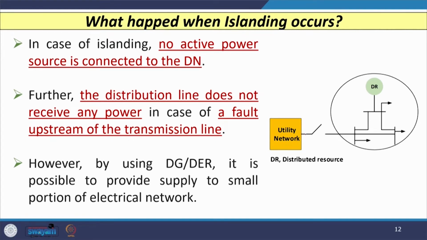Whenever there is a fault on the upstream side of this network, this breaker opens. The utility gets disconnected, and that is why an island is formed, and the local loads are supplied by this DG or distributed energy resources, or distributed resources DR. So, by using DG, it is possible to provide supply for a small portion of the electrical network, which we call an island.